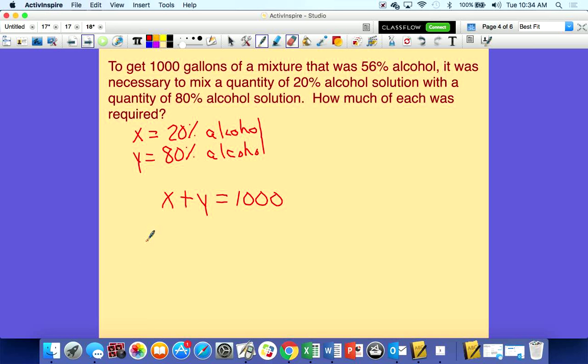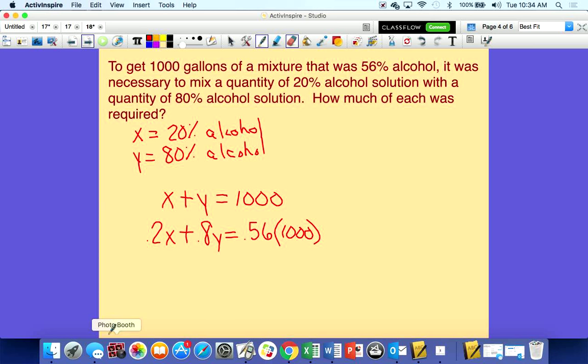So we could say that we have 0.2x, so 20% of x plus 80% of y. Now notice, this is percent times the total amount of that plus percent times the total amount of that equals percent, so 56%, times the total amount, which is 1,000.